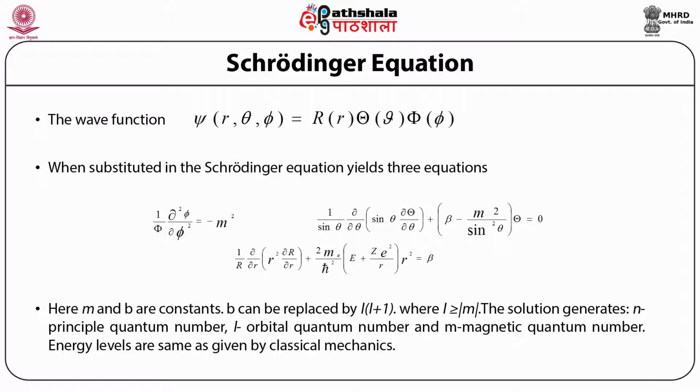I won't go into the details of the solution or any further details, but this principal quantum number, orbital quantum number, and magnetic quantum number are the crux of the electronic spectra of hydrogen and hydrogen-like atoms.